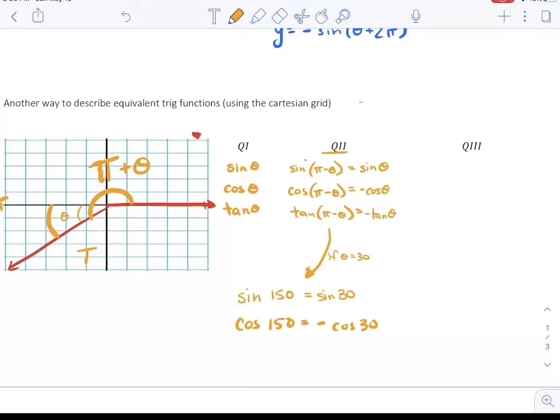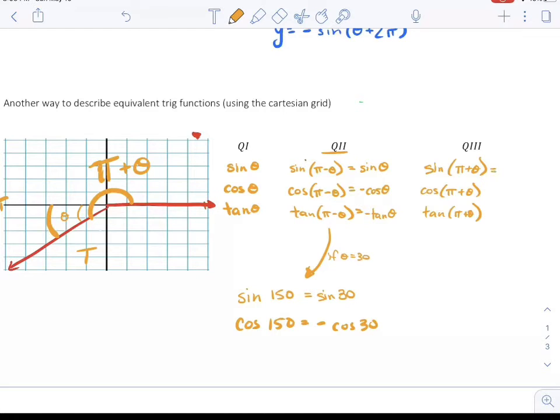We want to talk about how those work in quadrant 3. So we know sine pi plus theta, cos pi plus theta, and tan pi plus theta. I want to find equivalent expressions for these.